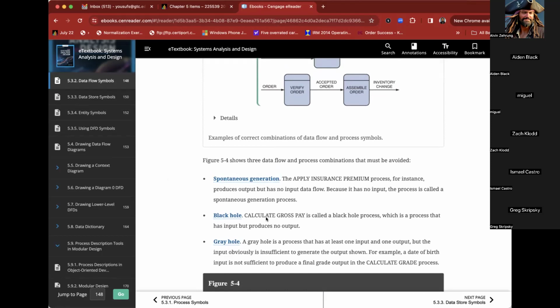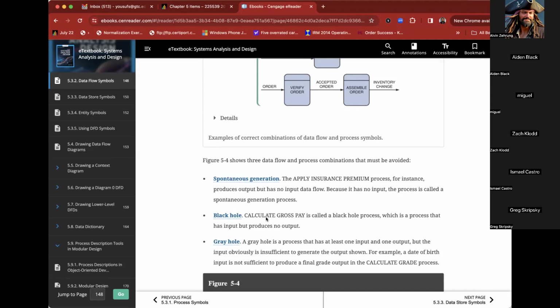Black hole is when the process only receives input, but that input goes nowhere. That's like a black hole, absorbs everything within. And gray hole is a process that has at least one input and has at least one output, but the output has nothing to do with the input.